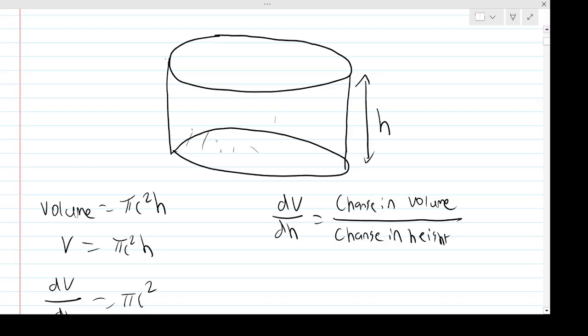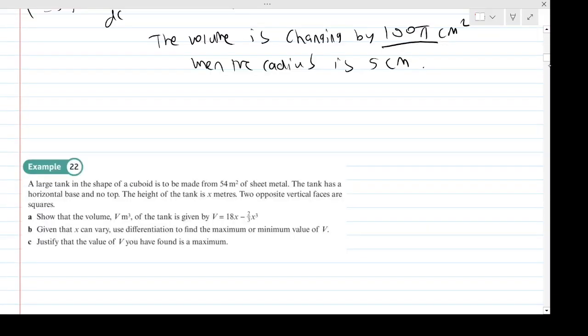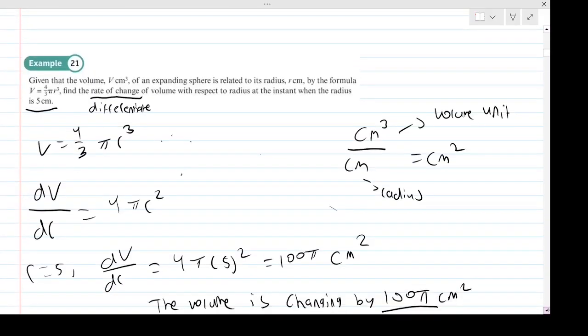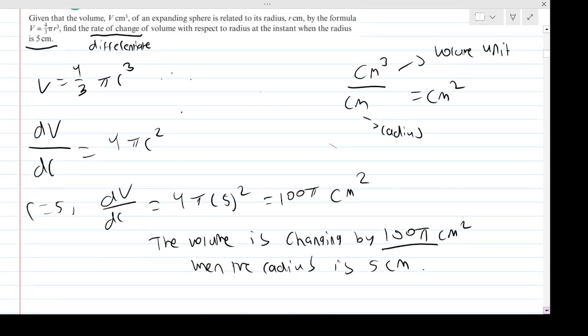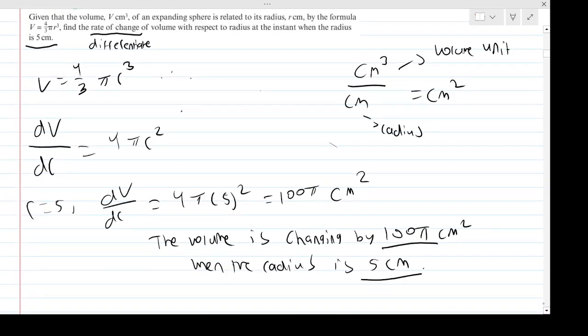So the shape changes, and the radius would change. So it won't be 5 centimeters all the way through, because it's talking about an expanding sphere. If a sphere is rising, the radius will have to change as well. So all that's saying is that at the absolute instant when it reaches 5, that's the rate the volume's changing.